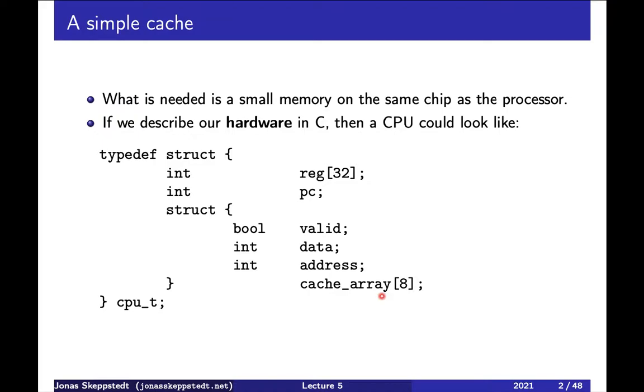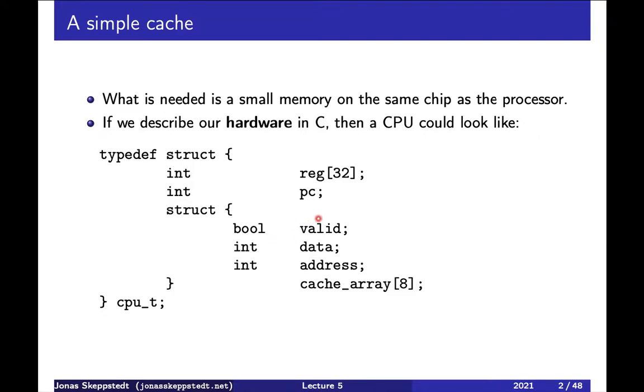It is ridiculously small, only 8 elements. Usually a cache near the CPU chip is much larger, otherwise it would not give much performance improvement. The smallest reasonable cache is perhaps 32 kilobytes.